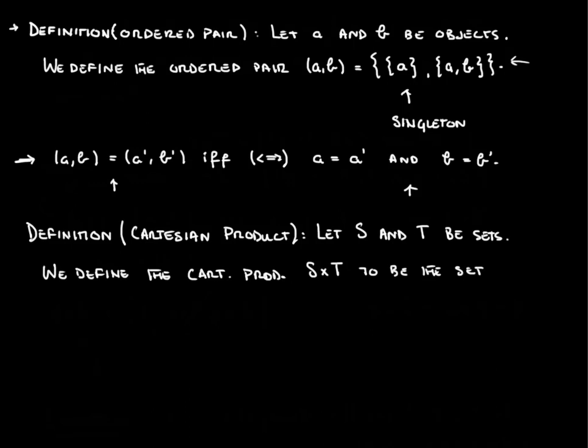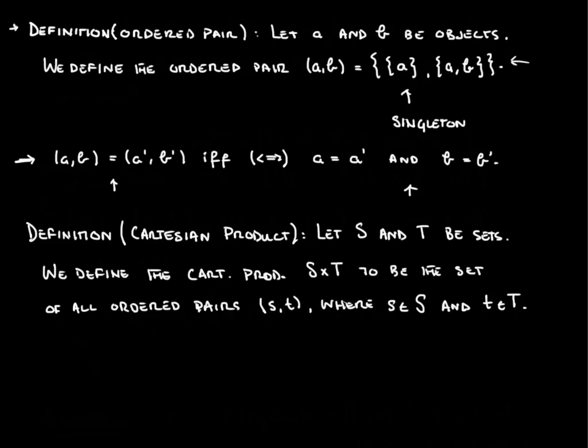So our Cartesian product is a set of all ordered pairs (s, t), where our lowercase s is an element of our set S, and our lowercase t is an element of our set T. The notion of an ordered pair means that the order in which we consider our Cartesian product right here is important.